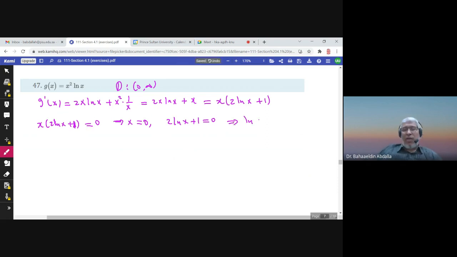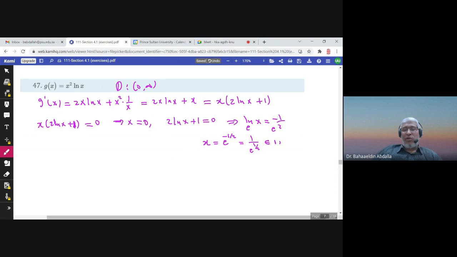So we take 1 to the other side, we divide by 2, and then we raise both sides to the base e. So x is e to the power negative half. Is it in the domain? Yes, it is 1 over e to the power half, and that's a positive number. It's not negative.